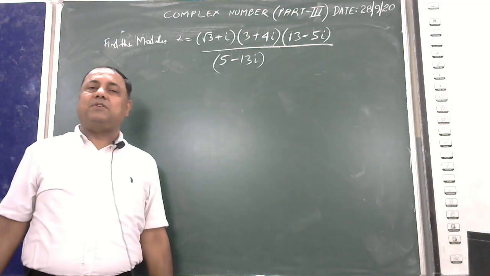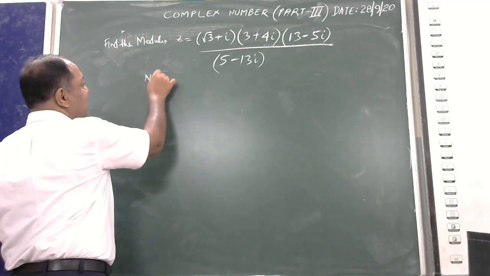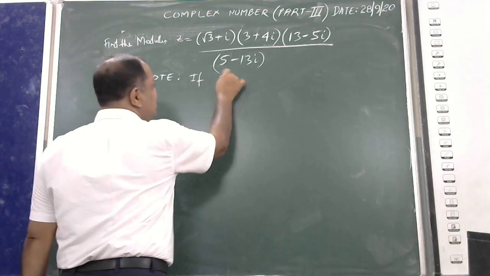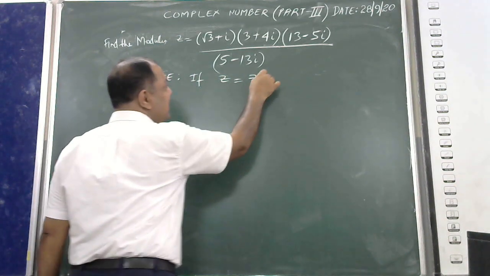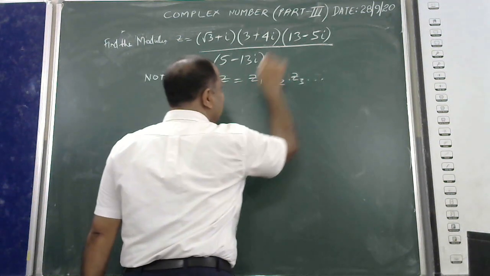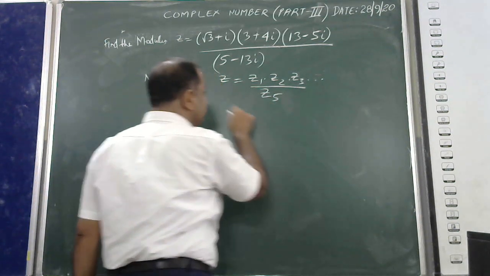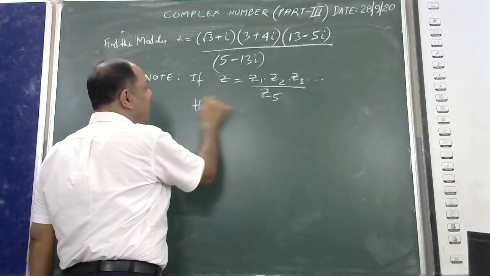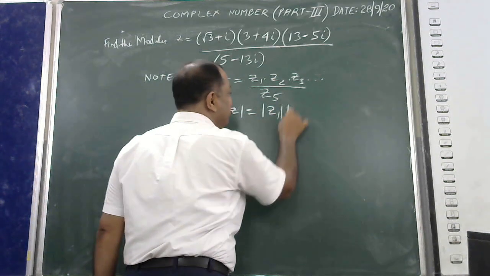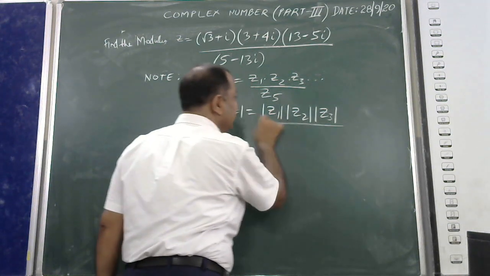It is a very important property: if z is equal to z1 z2 z3 by z5, then mod z is equal to mod z1 mod z2 mod z3 by mod z5.